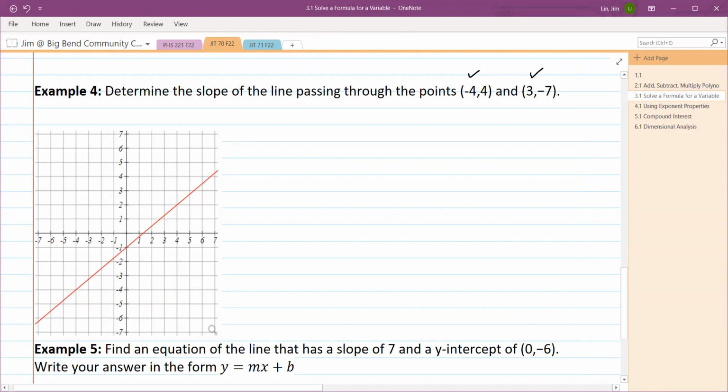(-4, 4), that's the point in the second quadrant, which is right there. And then another data point is (3, -7). Then that would be the fourth quadrant because we have a positive and a negative value in order. 3 and -7, right?